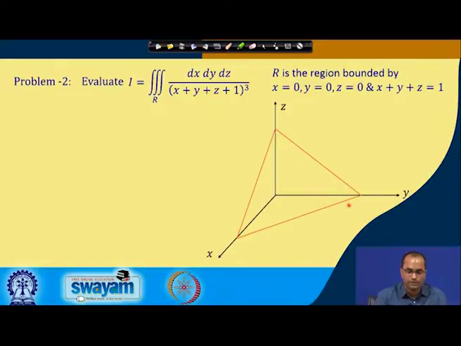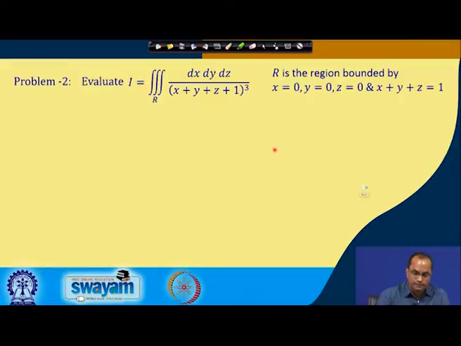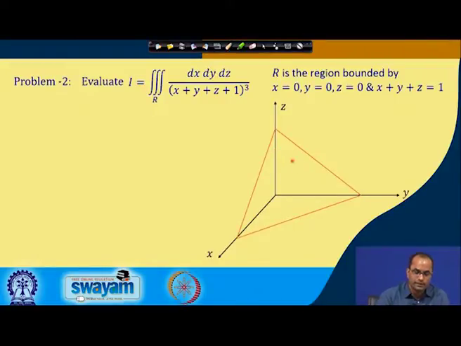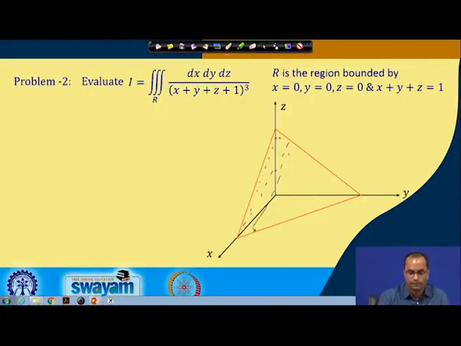So, this is the situation, the x axis, y axis and z axis, and then we have this plane which is given by x plus y plus z is equal to 1. So, we have the 4 planes, the 3 standard coordinate planes, and the plane x plus y plus z is equal to 1.